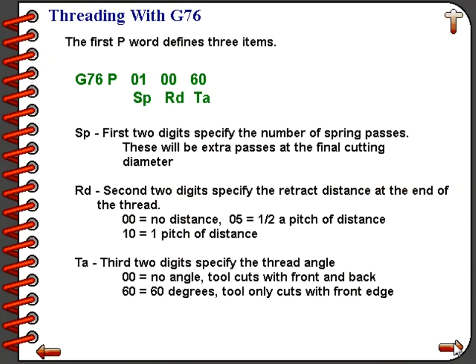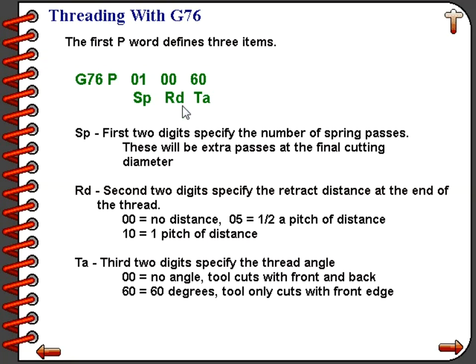Let's take a moment to quickly review this P word again. The first two digits will specify the number of spring passes. These will be extra passes at the final cutting diameter. The second two digits will specify the retract distance at the end of the thread. A value of 0, 0 would be no distance.